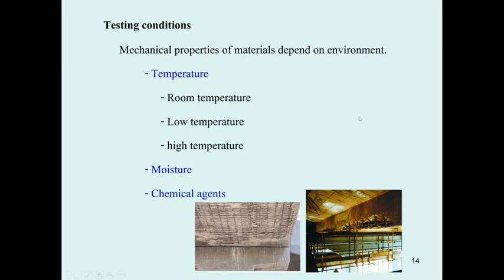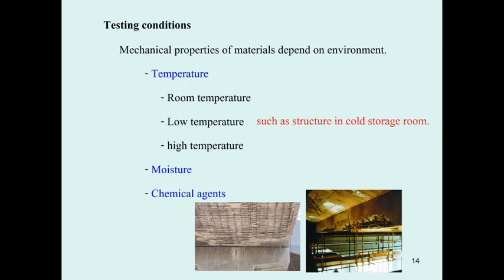So you have to consider that brittleness when you design the steel in the very cold environment. And the test of the steel also is going to be done at very low temperature. In the opposite case, if you use the steel in a high temperature area, the steel is going to be softer and also have some kind of creep behavior.